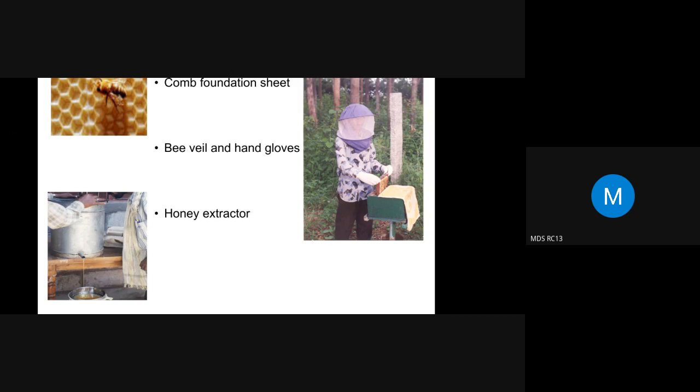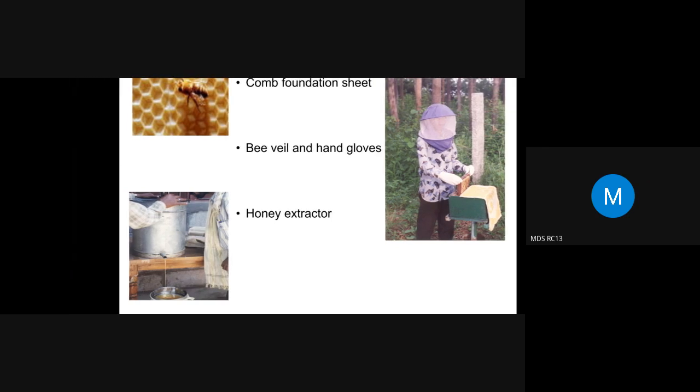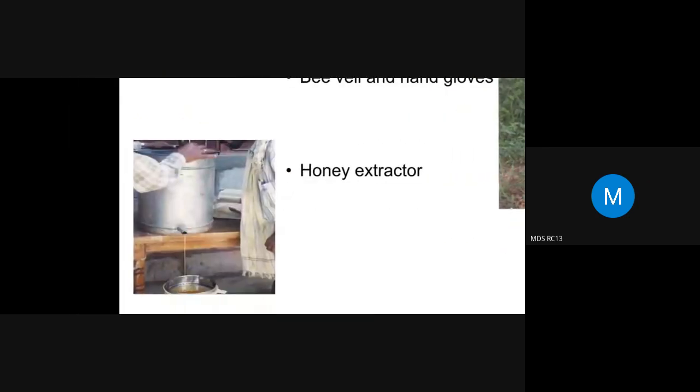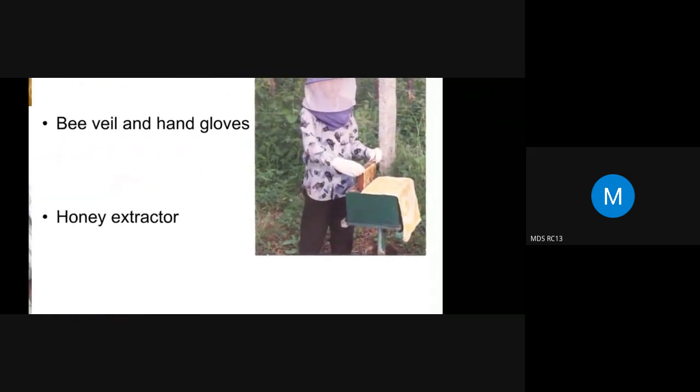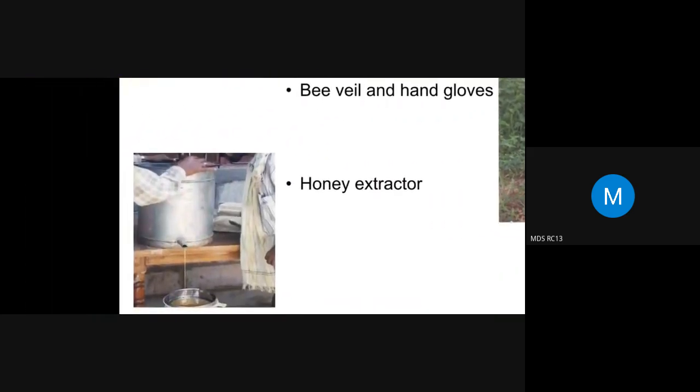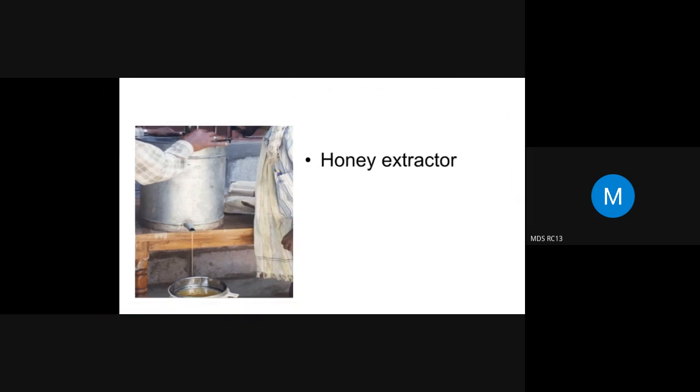from entering into our body. And the last one you are seeing at the bottom is the honey extractor, where the bee frames are taken and the caps which are sealed, which contain honey, are opened using a knife. I'll show it in the next slide. And those are placed in this honey extractor.